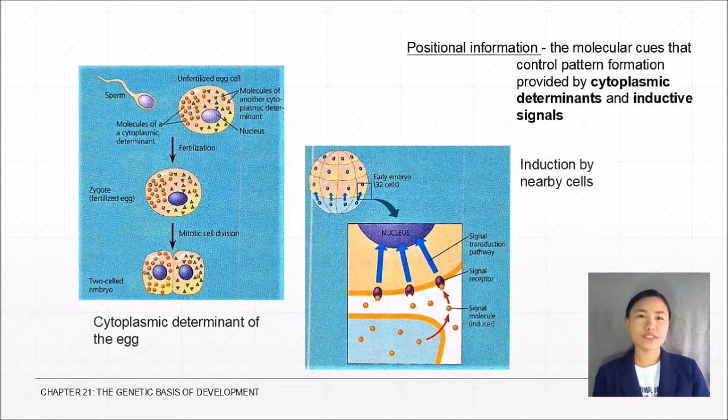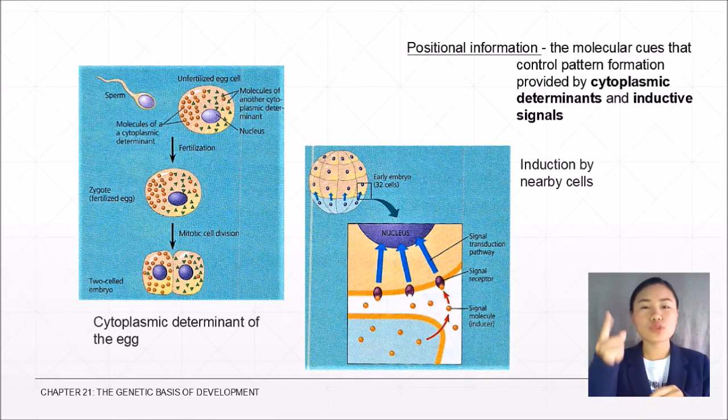Okay, inductive signals. This picture is a good illustration of induction by nearby cells. We have here an early embryo with already 32 cells, and 2 of these 32 cells are communicating. The bottom cell is sending chemicals to the other cell, signaling it to change its gene expression.